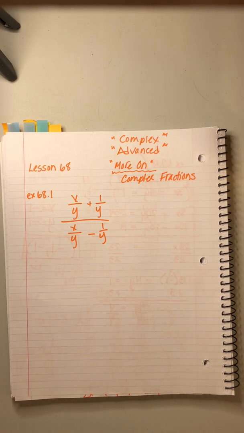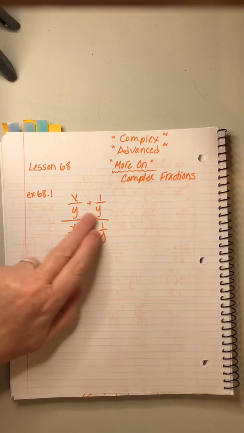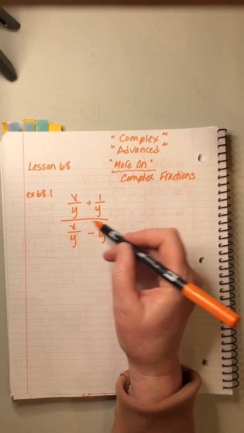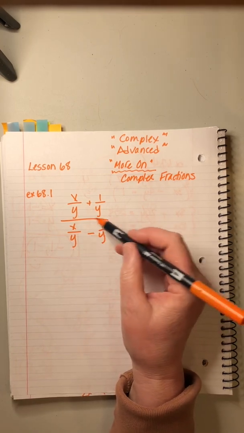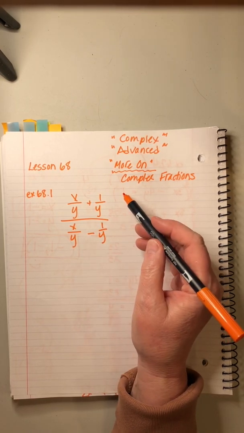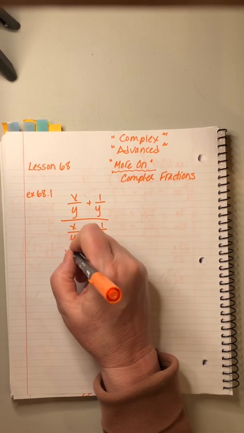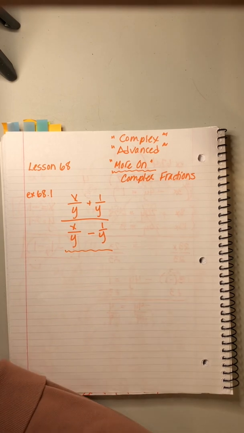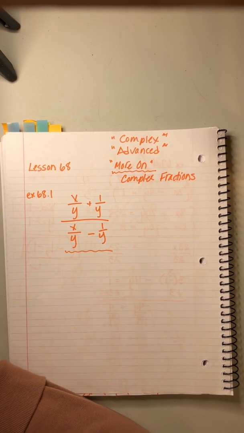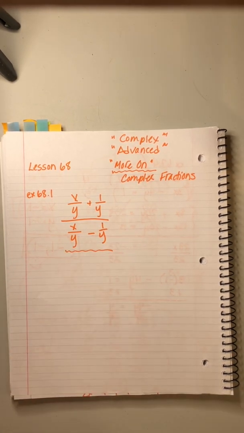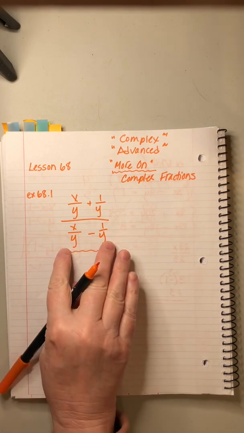Fabulous. Now, the only problem we have in this scenario, we go to the bottom, we look at this, we go, okay, we're gonna multiply this by a reciprocal to get it to go away. Then we'll multiply the top as well. But the problem is we can't use the reciprocal unless this is one fraction put together. We can't use a reciprocal of two terms like that. So what we have to do is combine them.